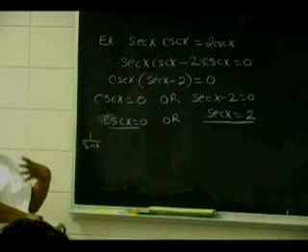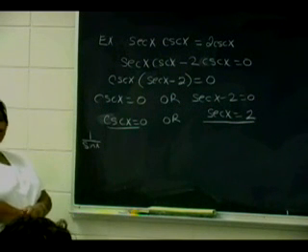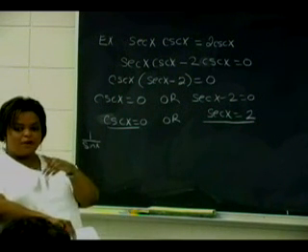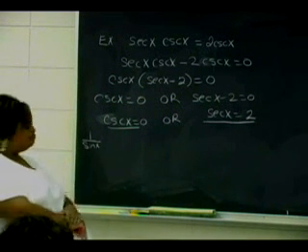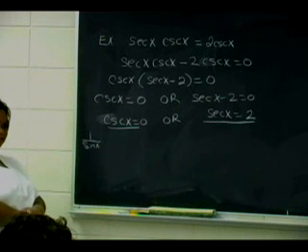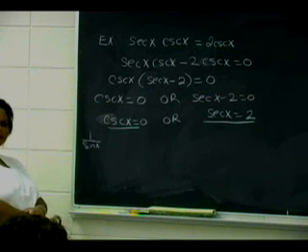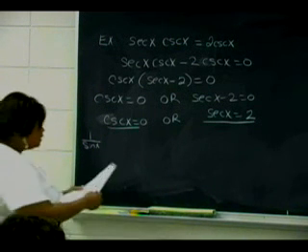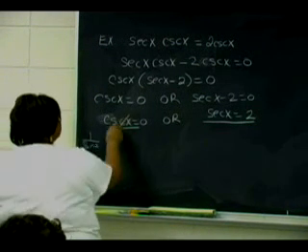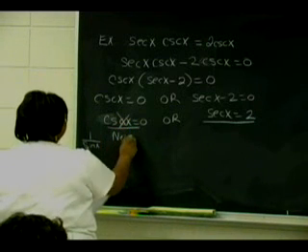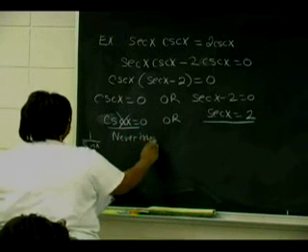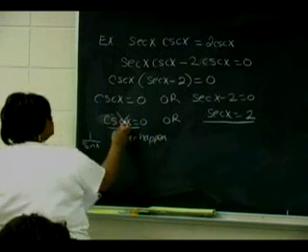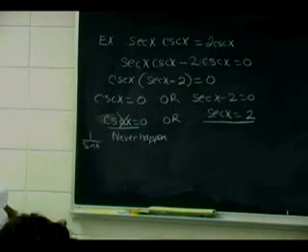In order for us to get 0 as an answer, you have what? Numerator 0, denominator non-zero. Will that ever happen? Can I ever get 1 over sine to be 0? No. So this will never happen. So there's not a solution for that portion.